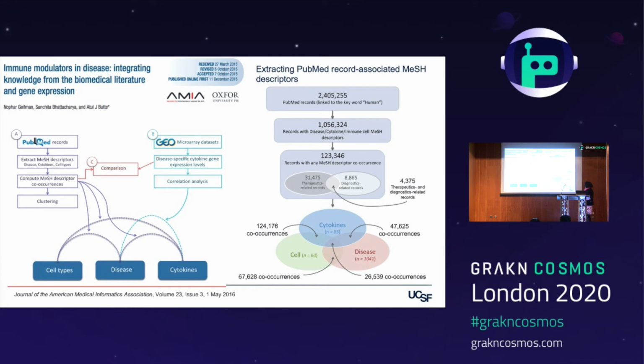These were the entities we were interested in, and this is all about co-occurrences. So we can say that this is lexical semantics, where you are only looking at the co-occurrences of these three entities: cell, cytokines, and disease.